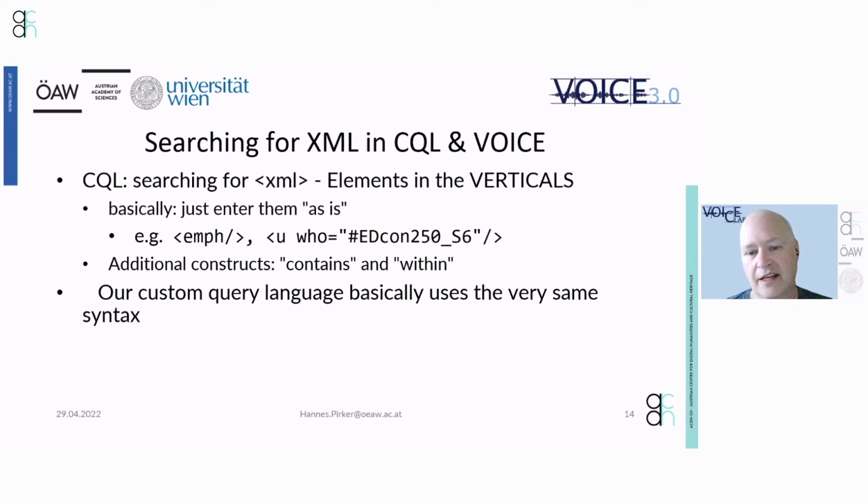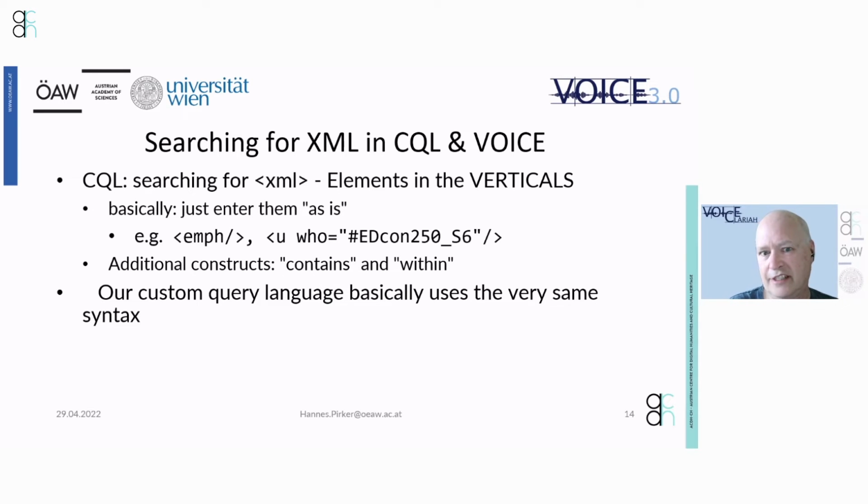For searching XML tags in CQL, in the original CQL you type the XML as is. So if you search for emphasis, you just type angle bracket emphasis, or if you search for a certain utterance from a specific user, you can type it like that.